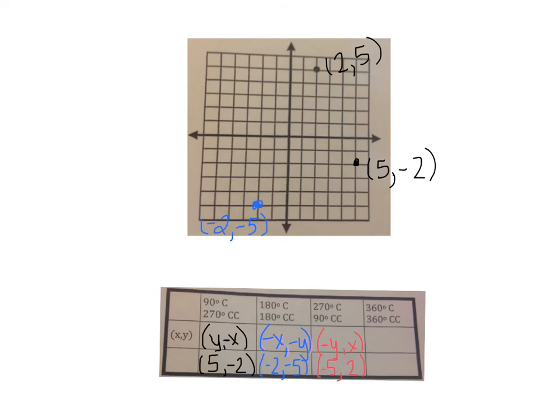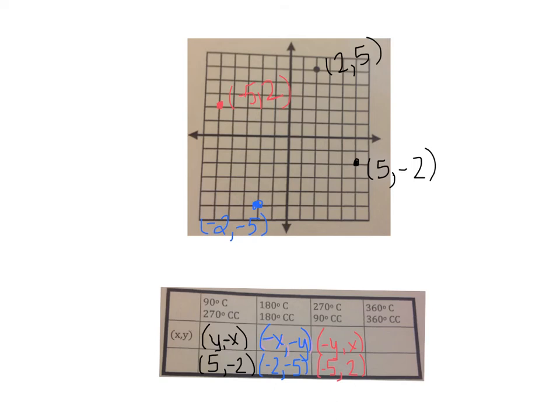So you're going to go to the left 5, up 2. Label it, negative 5, 2, and that is either a 270 degrees clockwise turn or a 90 degrees counterclockwise turn.